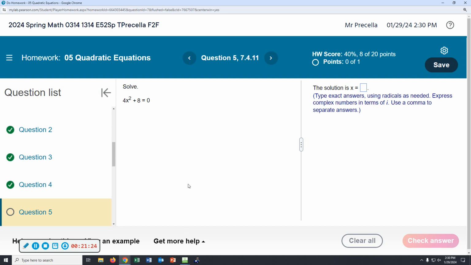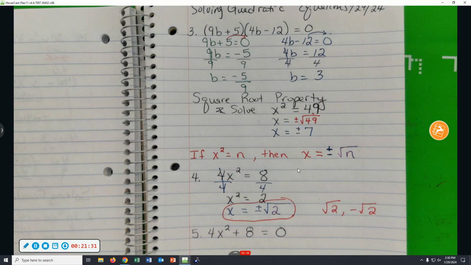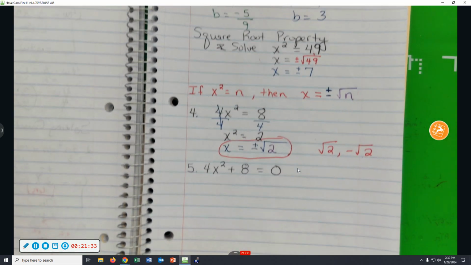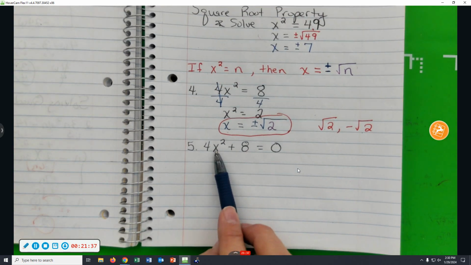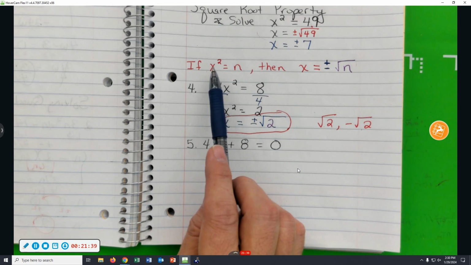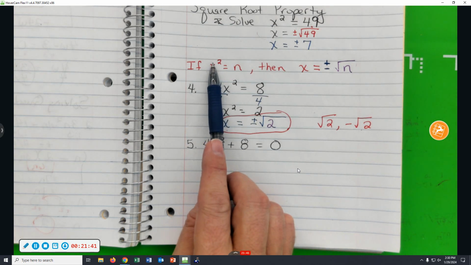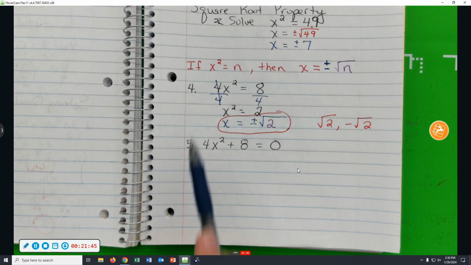Now, is this something I could do with those square roots like I was doing? Well, yes. How do I know that? There's not an x, just an x squared. So, we still need it written just with the x squared by itself. So there's going to be a little bit more to do on this one.